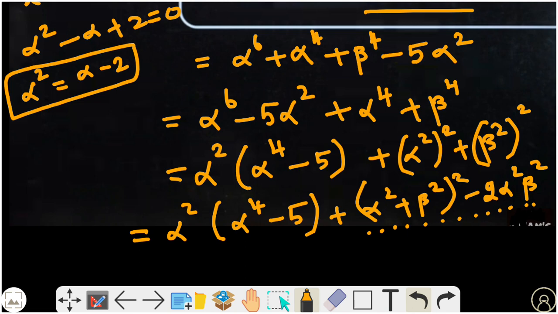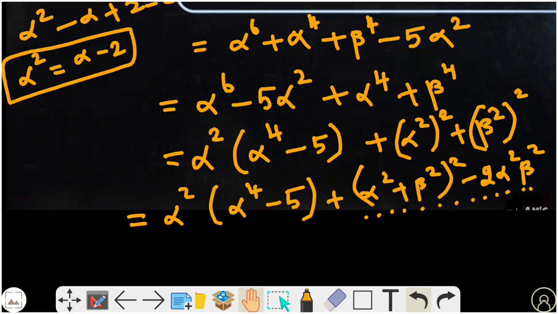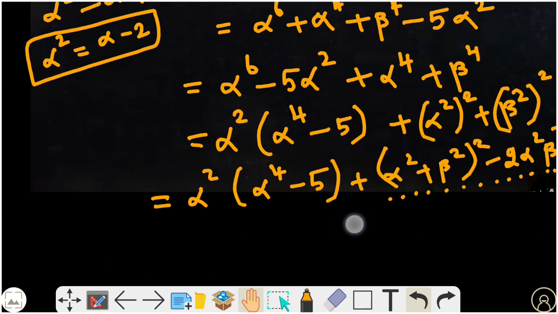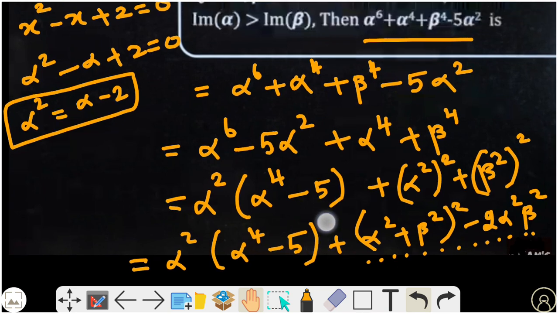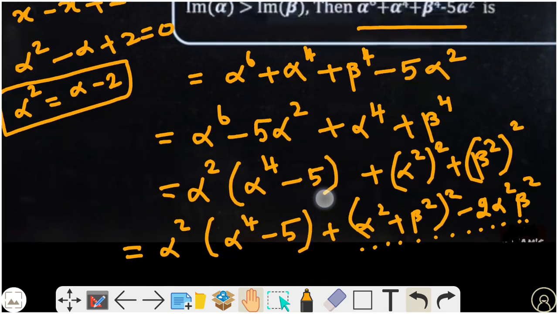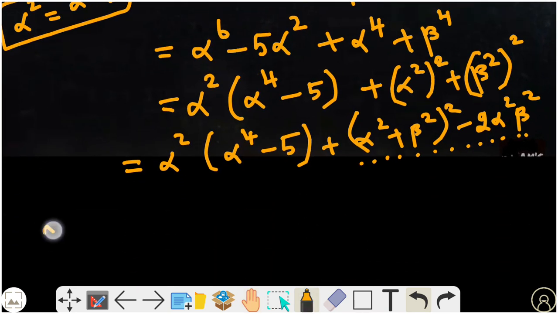Next, I have to substitute the values. Look at the question. What was the question? That quadratic equation is x square minus x plus 2 equal to 0.